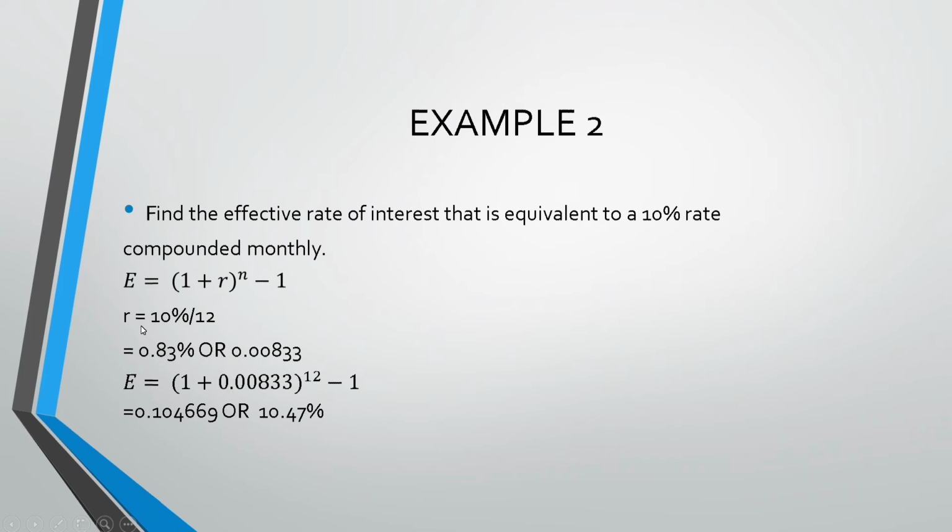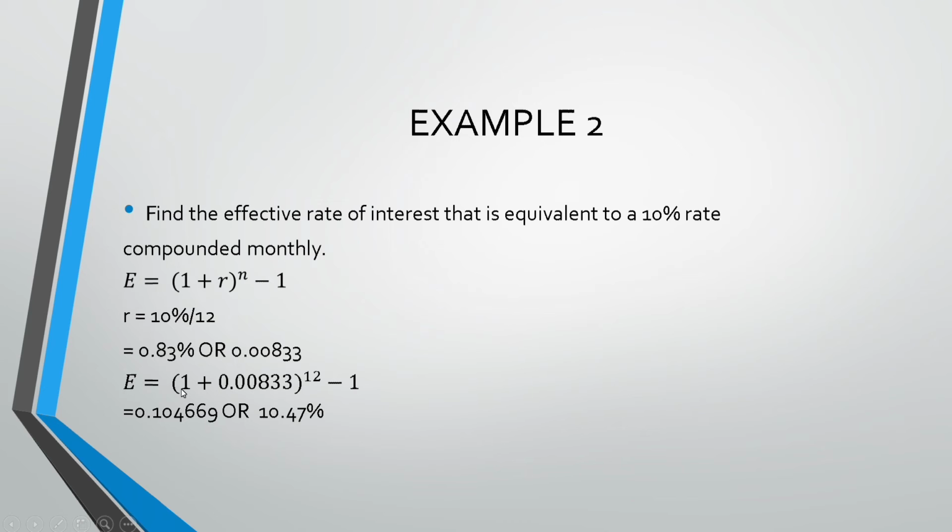For us to get the r, we will use this 10% rate and compounded monthly. Monthly is equivalent to 12, right? So 10% divided by 12, we will have 0.83% or 0.0083, right?